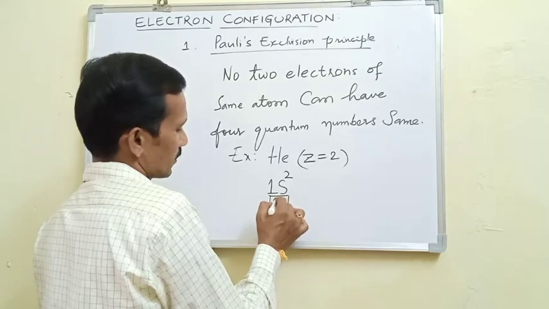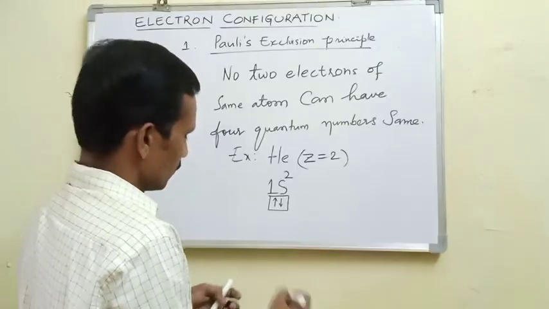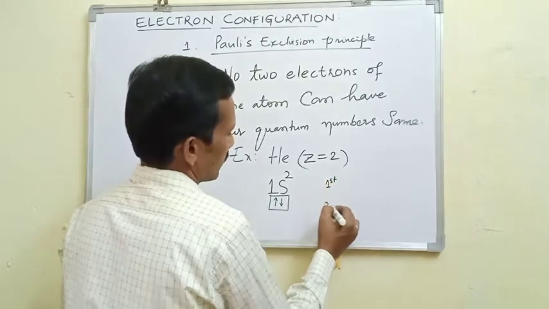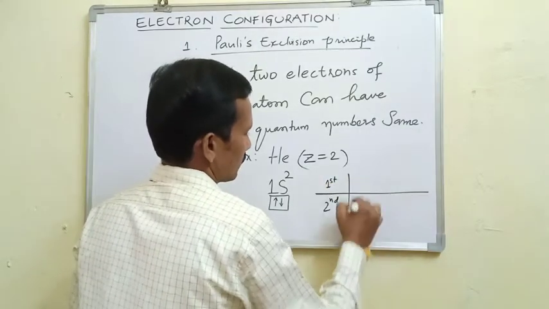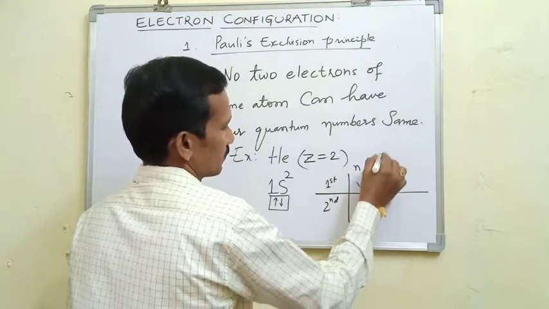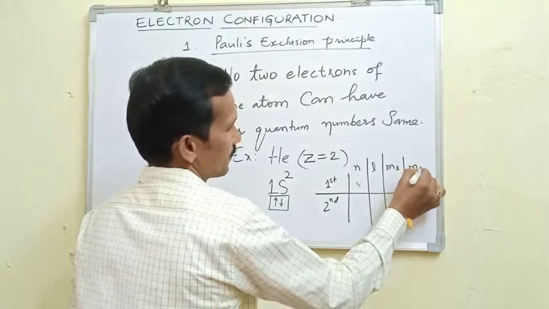One has clockwise direction spin, the other has anti-clockwise direction spin. So when we write the first electron and second electron, we write the principal quantum number, angular momentum quantum number, magnetic quantum number and spin quantum number.